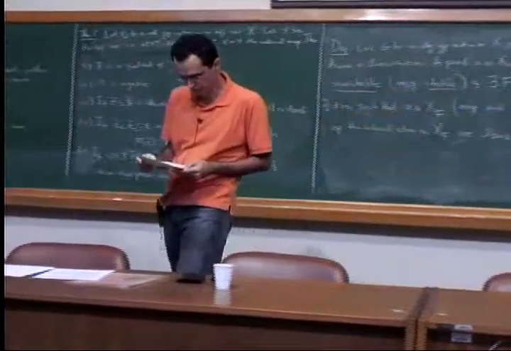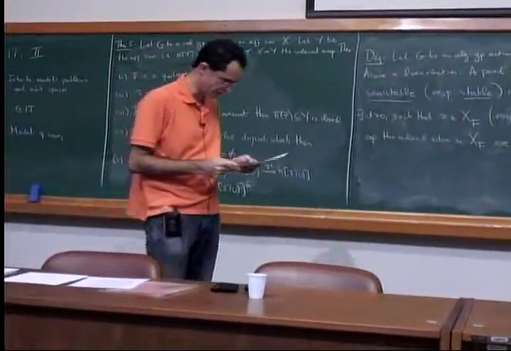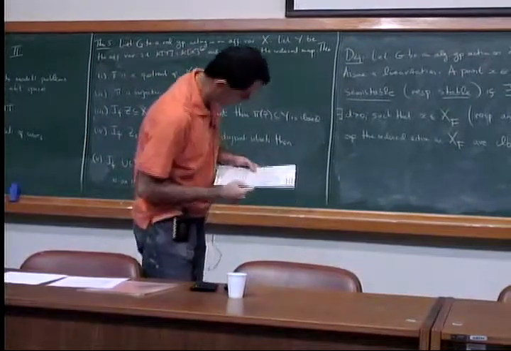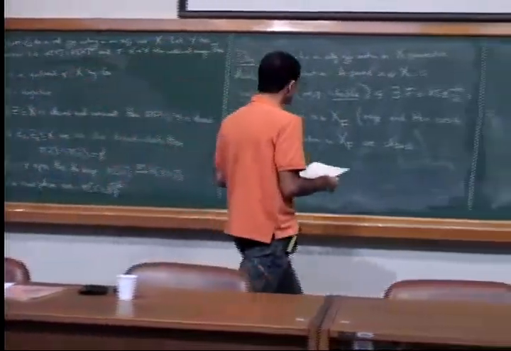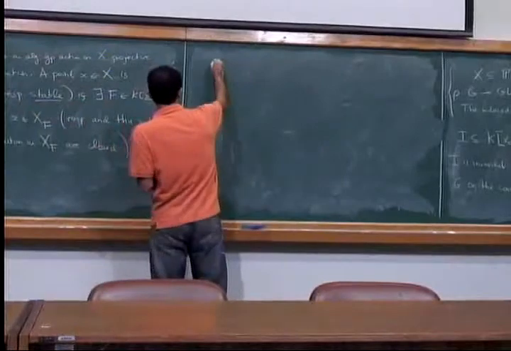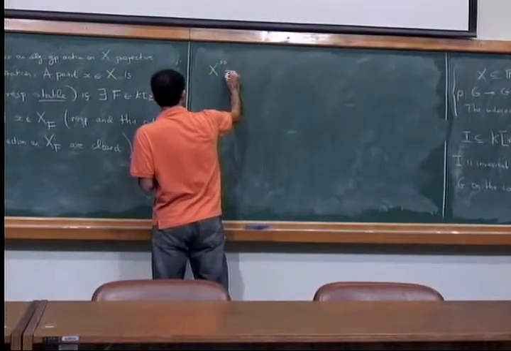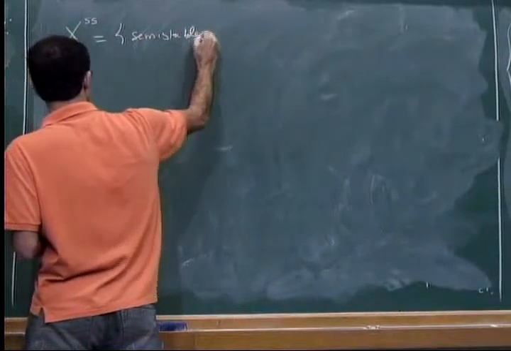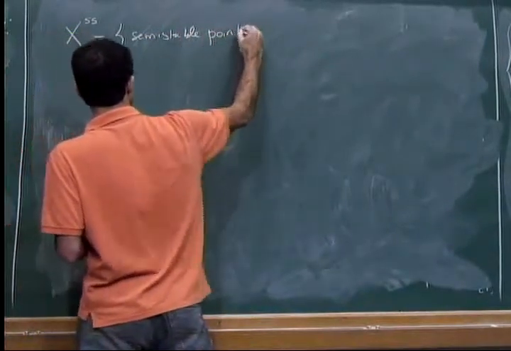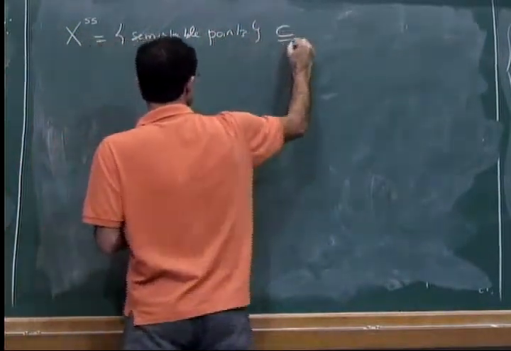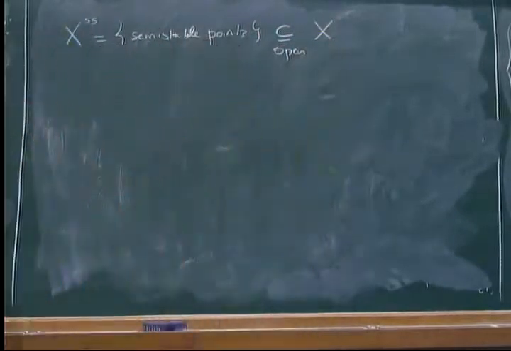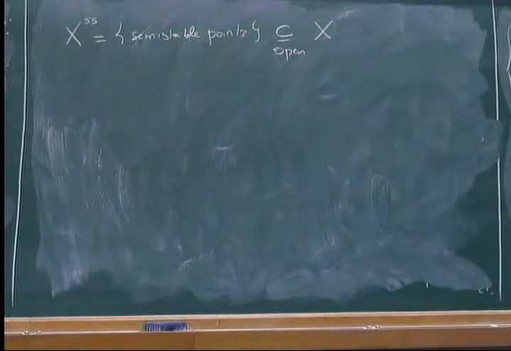Okay, so we have all this structure there, and we had better have a result, and we do. Let me just denote XSS, the set of semi-stable points. It's open in X, right? Because every X_f is inside there, right?